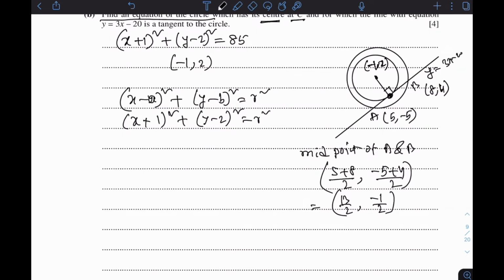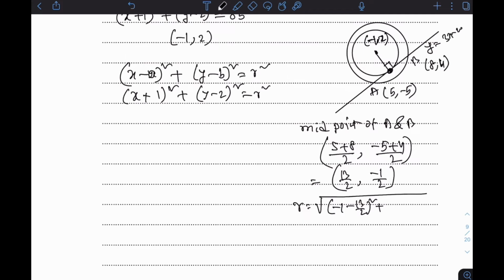So this is the midpoint. Find out the radius. The radius is the distance between this point and that point. So we can use the distance formula there. r = √((−1 − 13/2)² + (2 + 1/2)²).